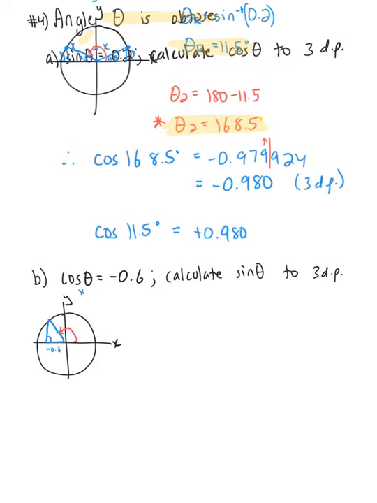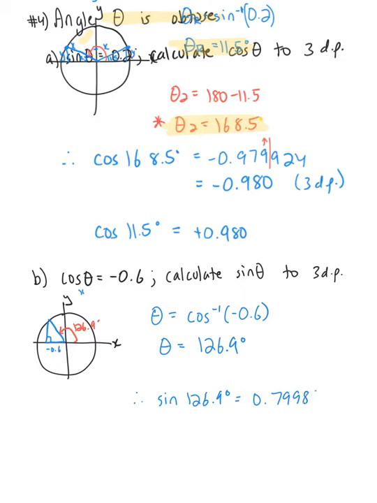So then you just use your calculator to find the angle, the inverse cosine of negative 0.6, and you get the angle of 126.9 degrees. So that's this angle here from the positive x-axis, and then you find the sine of that angle. And you get 0.79986.